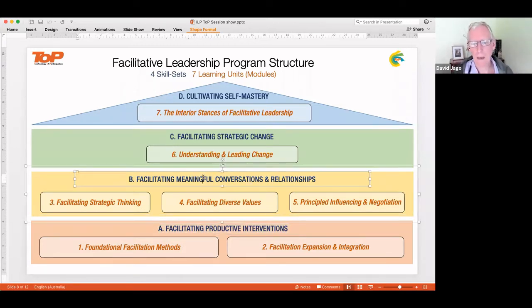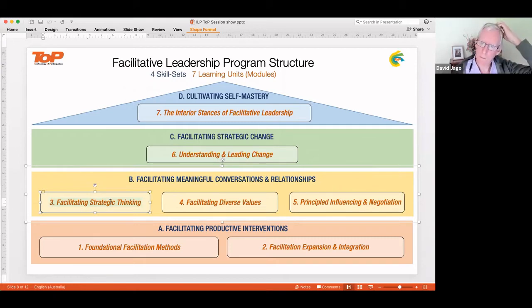Then the second skill set, as it says, is around meaningful conversations, relationships. So starting to both push deeper and to strengthen, to empower the dialogue towards real change. And so the first part of that is strategic thinking and planning, and the next slide will come back and address these first three in a bit more detail.